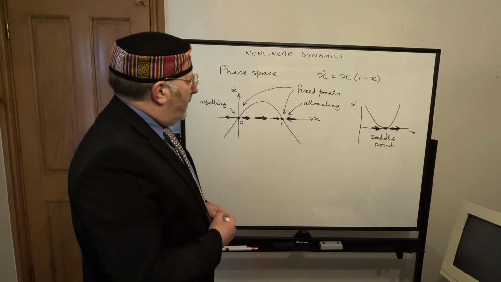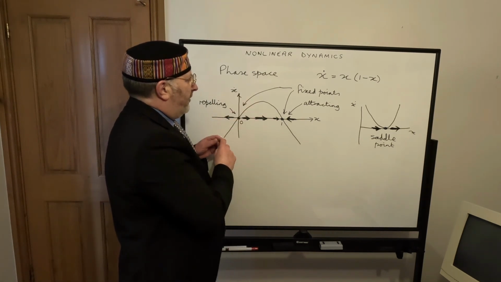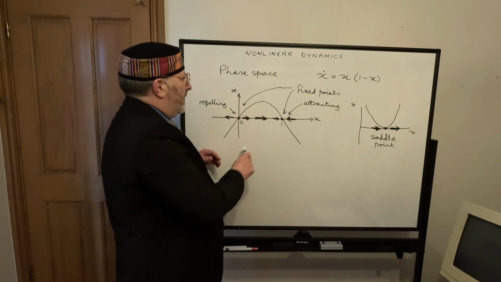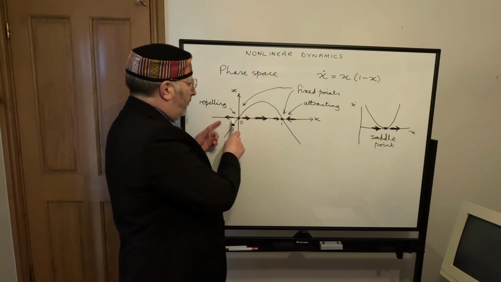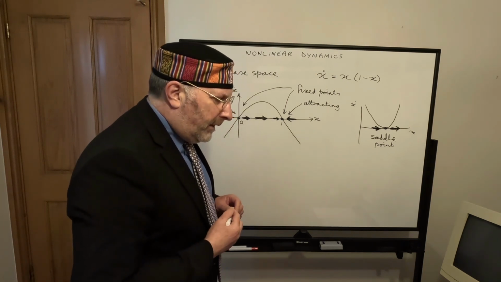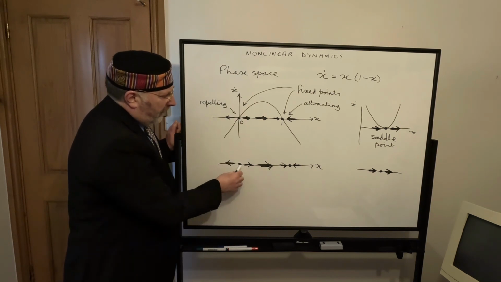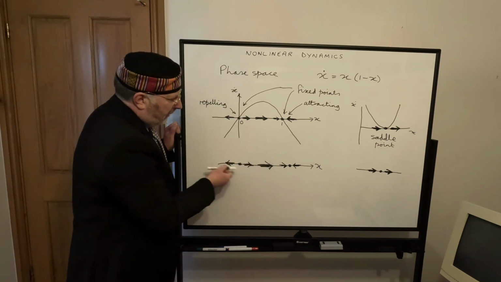And now we have here got an x dot axis, but we've also got these arrows. So we don't really need the x dot axis. The arrows themselves tell the story. So we can redraw this like so. So we've got rid of the x dot axis and we're just looking at what's happening along x.